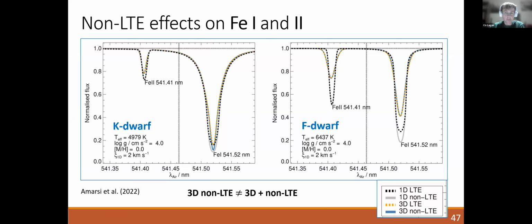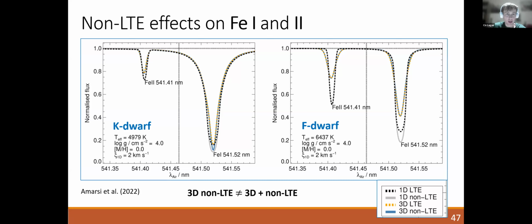So if we focus first on the left plot, comparing the blue solid line, 3D LTE, to the dashed black line, you see that the effects are small, but they're still noticeable. Again, we're thinking about EPRV. Anything that's visible by eye is probably important in our case.